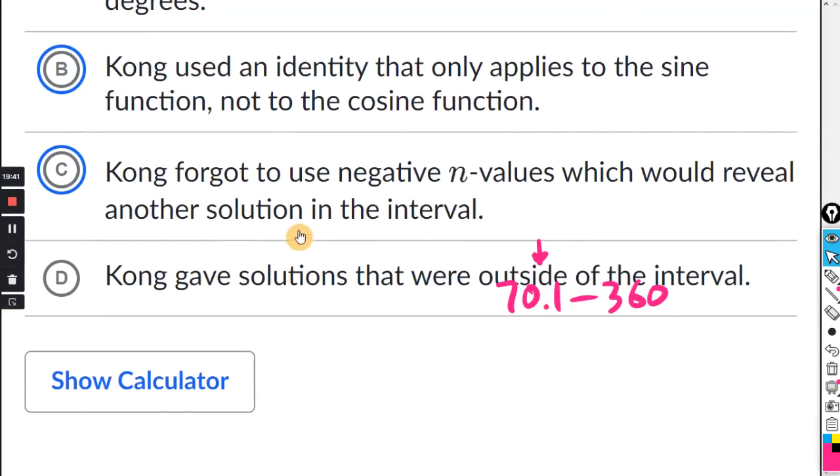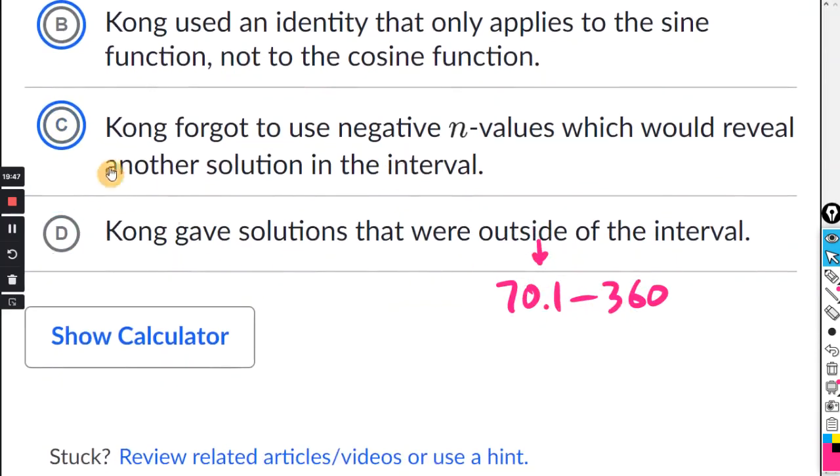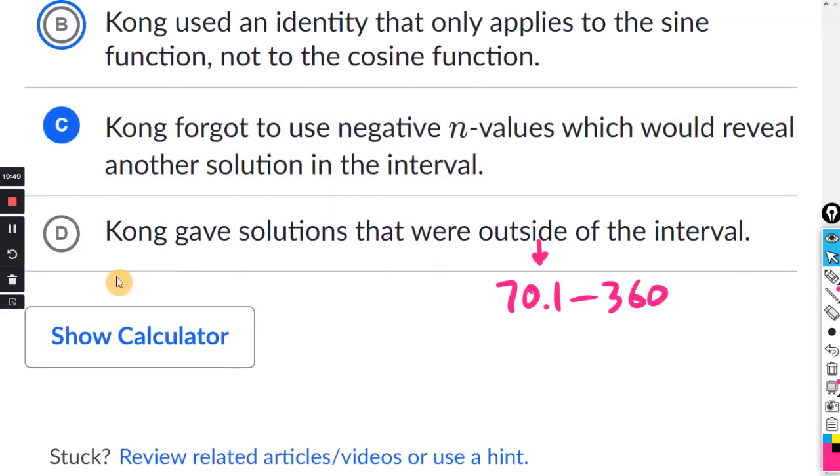All right. Kong forgot to use negative n values, which would reveal another solution. So that's what it is. All right. Remember we said minus 360n. So n would have been, if it was plus 360, n would have been negative 1. All right, so that's what he forgot. Answer C.